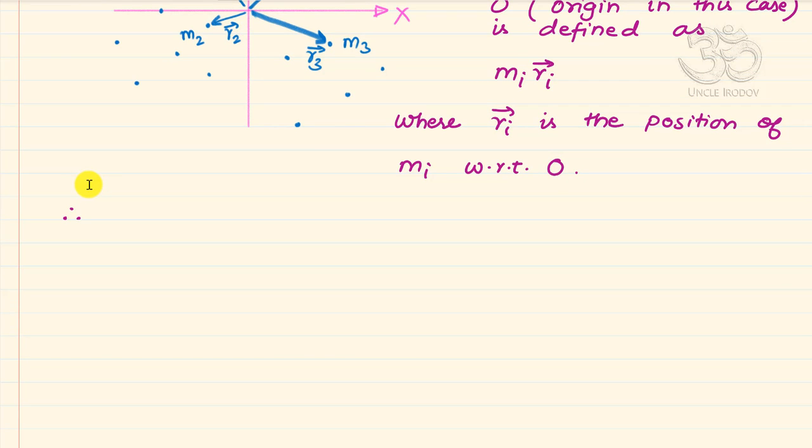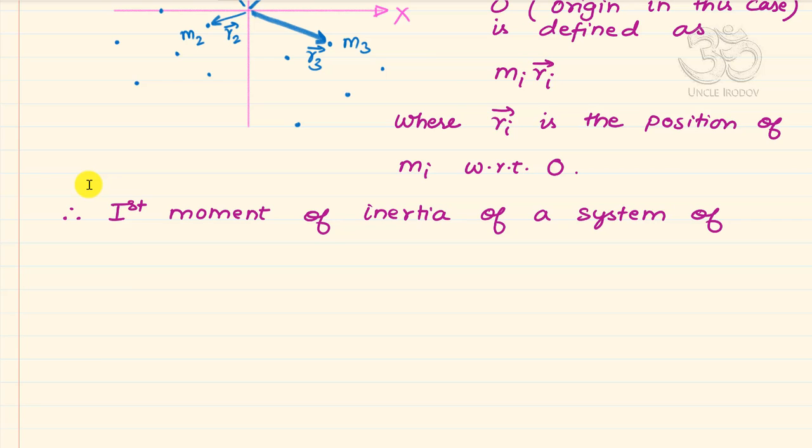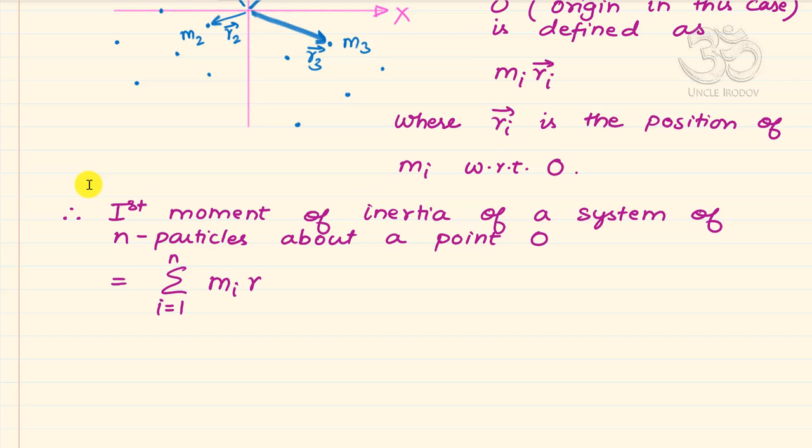I can then define the first moment of inertia of a system of n particles about a point O as the summation of i going from 1 to n of mi ri, and the answer should be a vector.